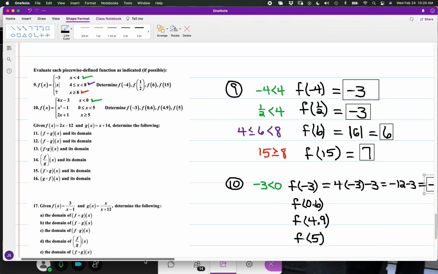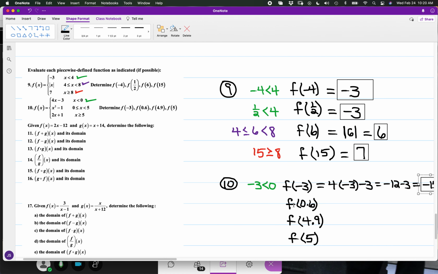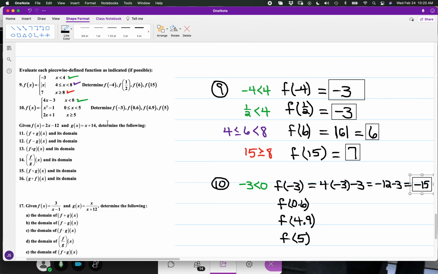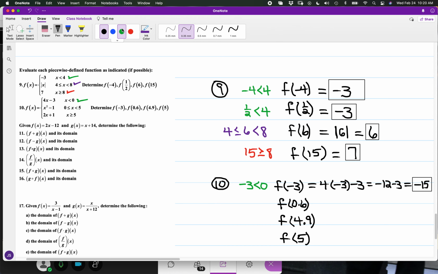All right. Now for f of 0.6. 0.6 is a small number, but it is not less than 0. But 0.6 does fall between 0 and 5. Whereupon we have the statement to say that 0 is less than or equal to 0.6, which in turn is less than 5. That is going to be true.